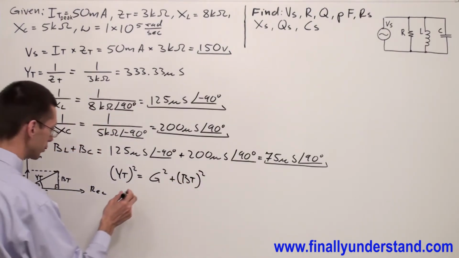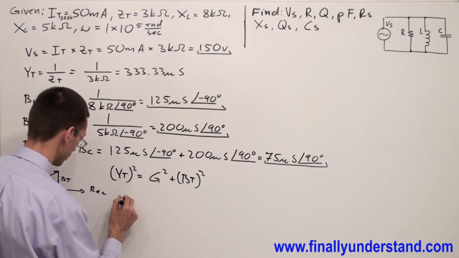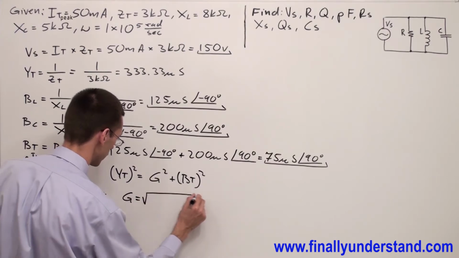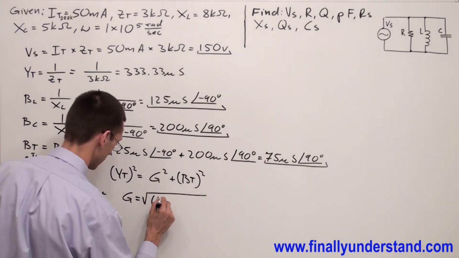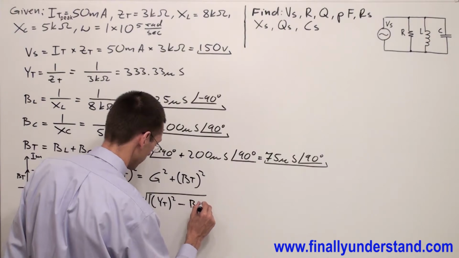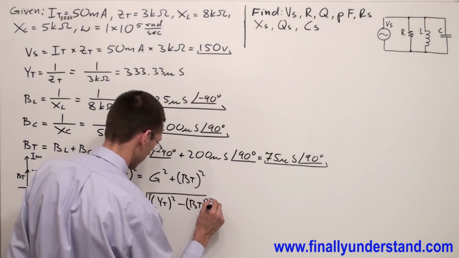So in order to find G, I have to solve this formula for G, and I'm going to get G is equal to the square root of Y total to the second power minus B total to the second power.